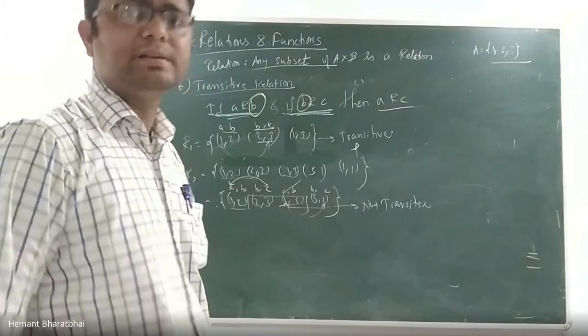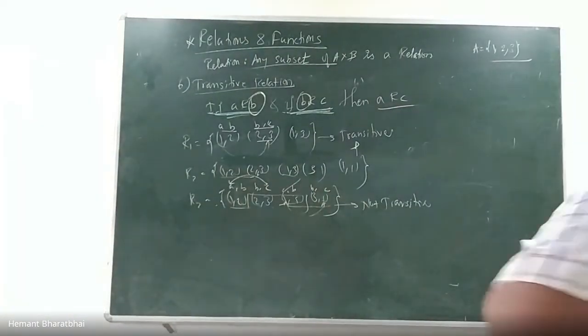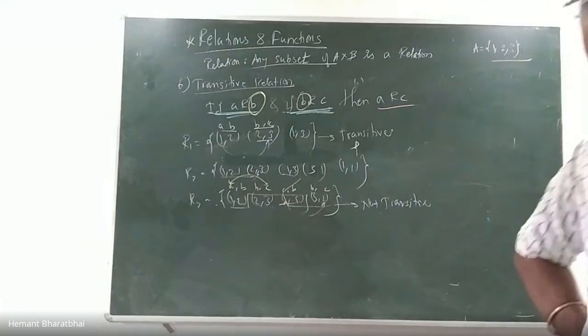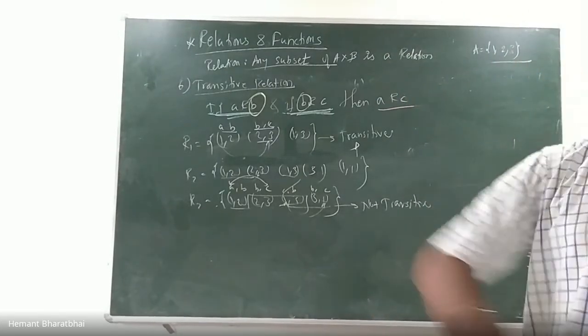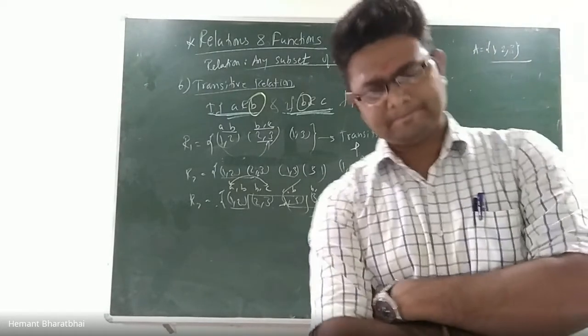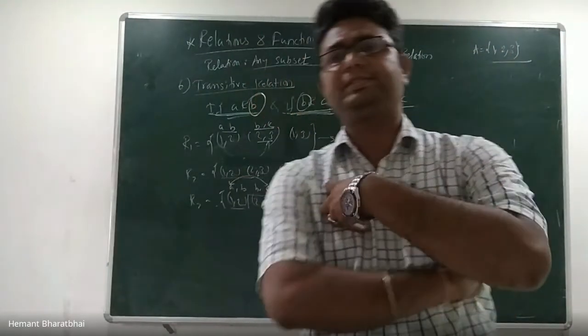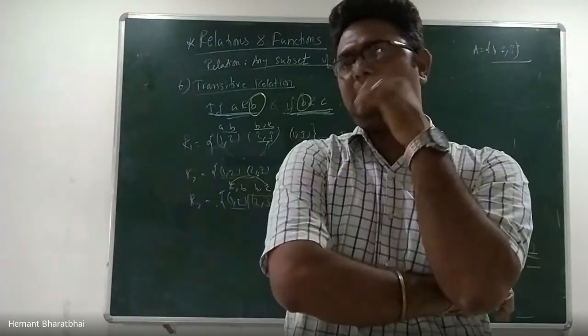In very simple language, a relation which can be transferred from one to another is transitive. See, for example, which I had started with in the beginning, I am a son of my parents. My parents are children of their grandparents.